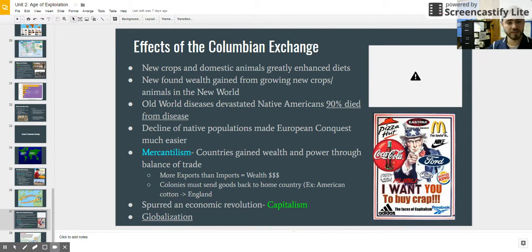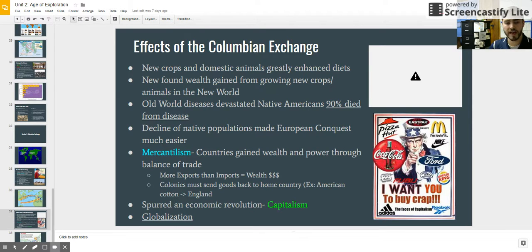We also see some negative effects, the most obvious one being that the native populations in the Americas, because of those diseases that came from the Old World, really got decimated. A whole entire 2 continents pretty much got wiped out. 90%, millions of people died from the disease that they had no natural immunity to.